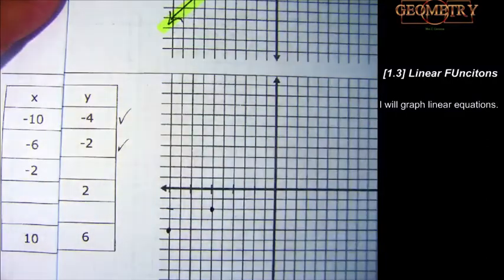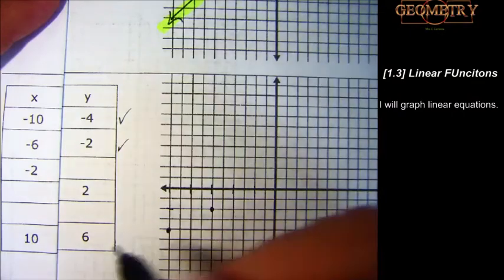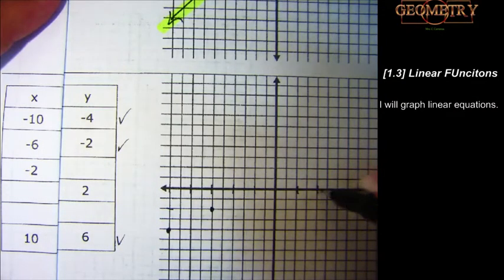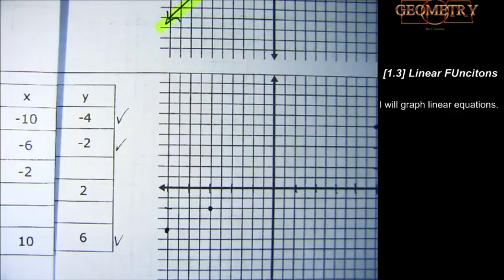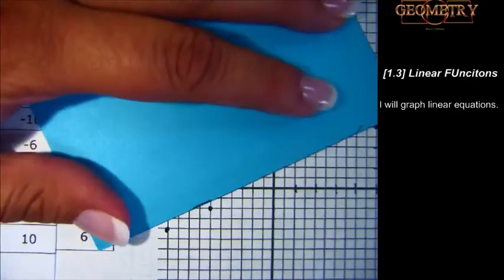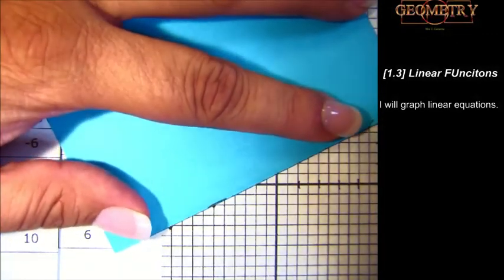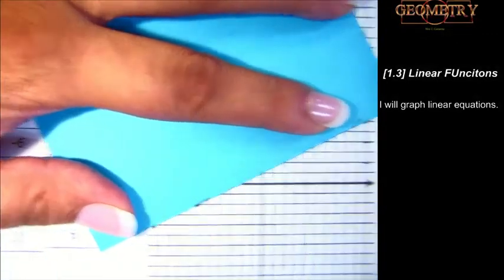I can't do the next 3, but I can do this one, (10, 6). All right, and then I'm going to take my handy dandy line making tool. Hopefully I graphed these all. Yes, I did it right this time. Phew.